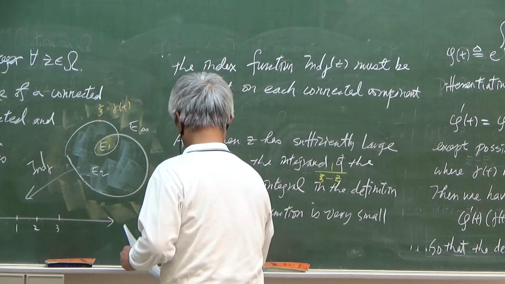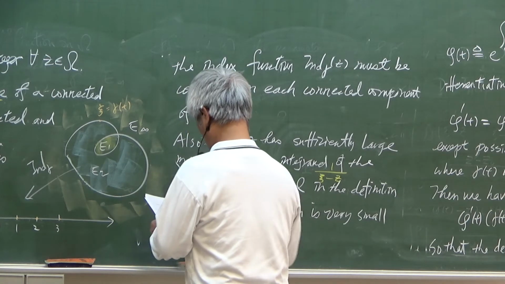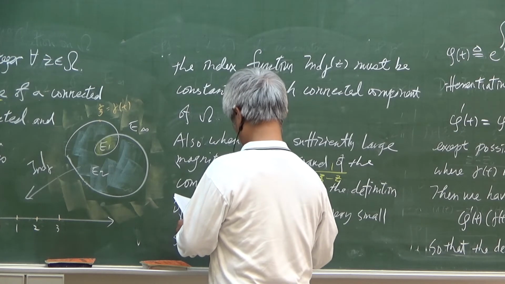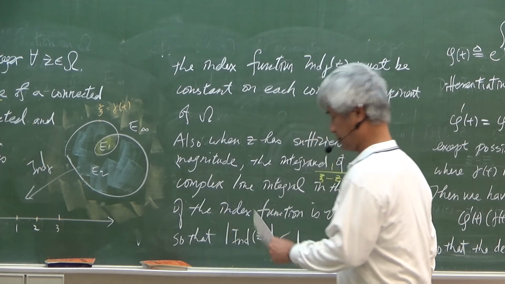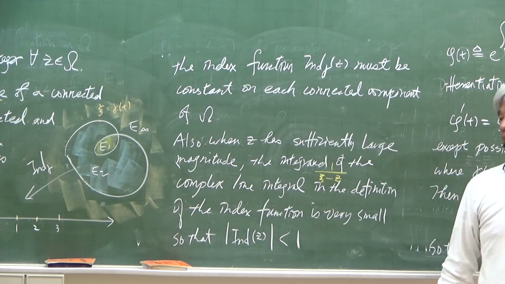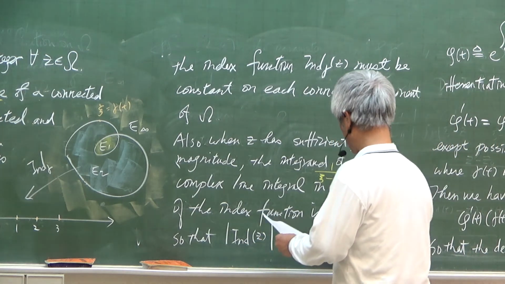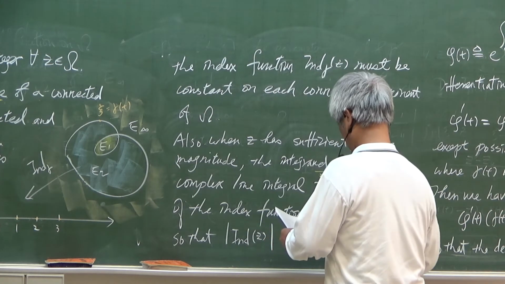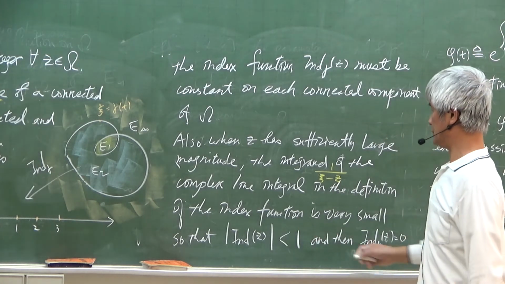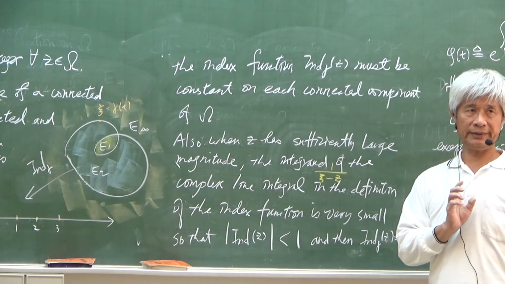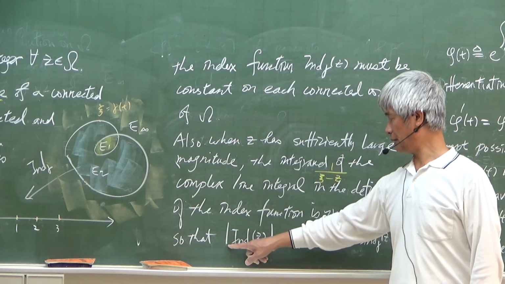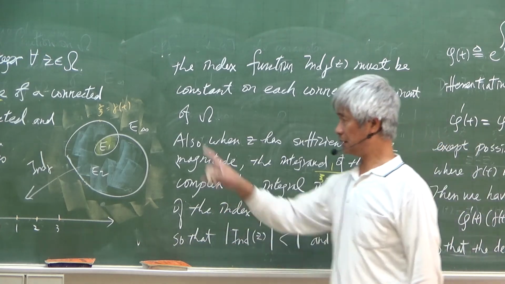So the index of z is less than 1, the line integral should be very small, and the index should be 0, because the index is an integer value. The only integer with absolute value less than 1 is 0.